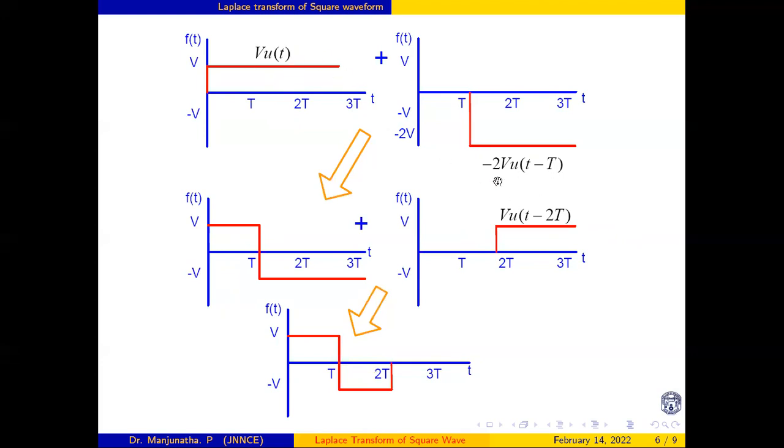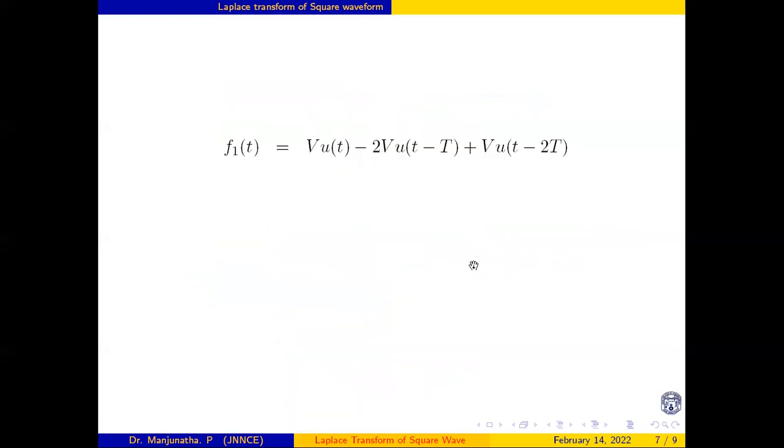One is v into u of t, second one is minus 2v into u of t minus t, and third one is v into u of t minus 2t. This is introduced at 2t and this is introduced at t.